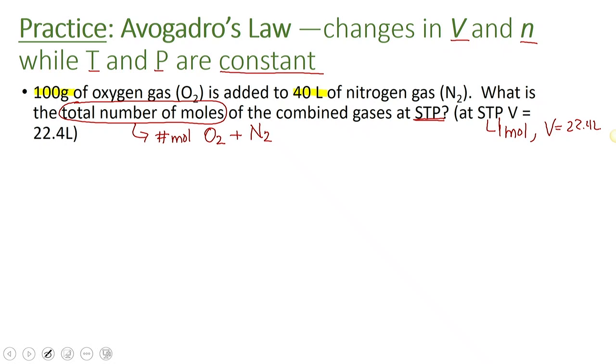All right, we're given grams and we're given liters. So if we go back a little while ago, you remember that in order for us to go from grams to moles, we need the molar mass.